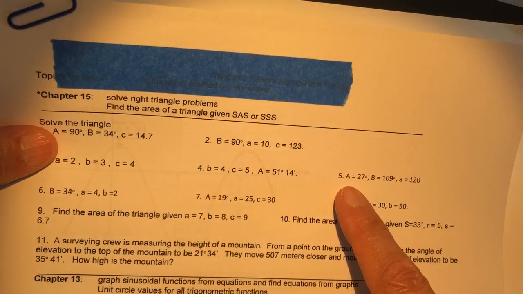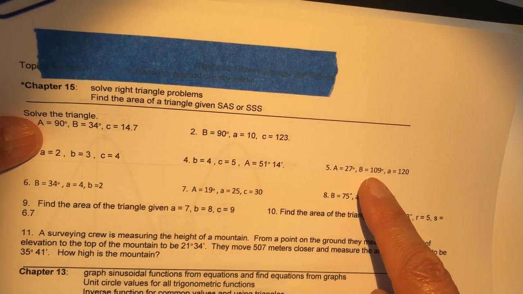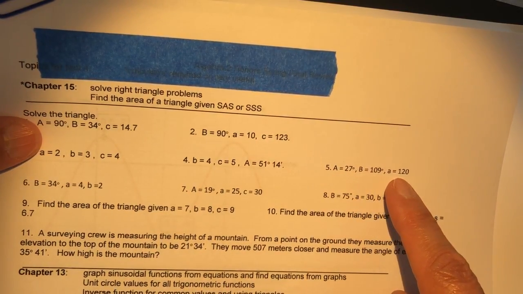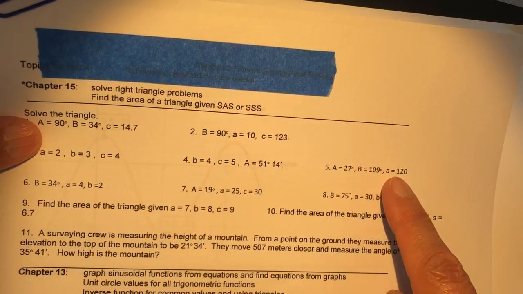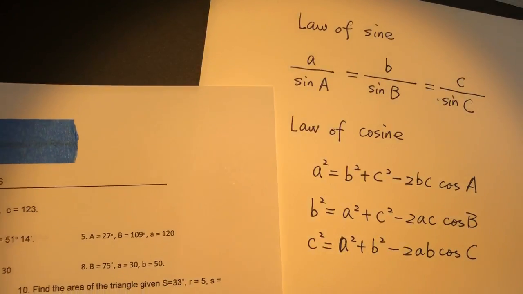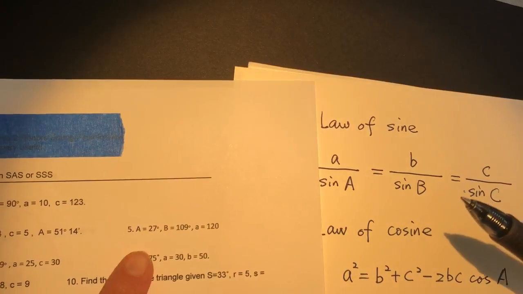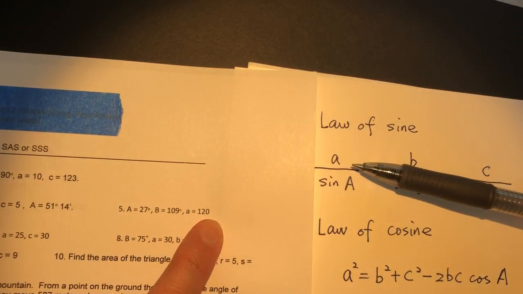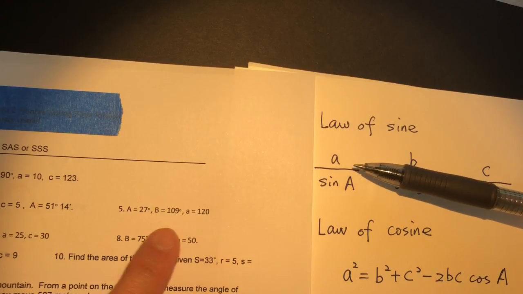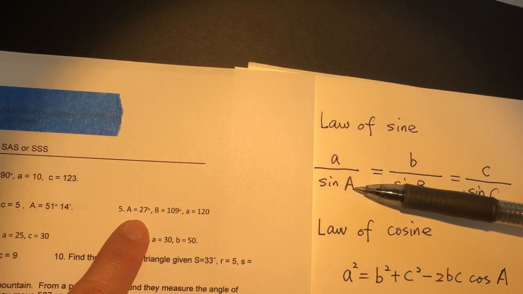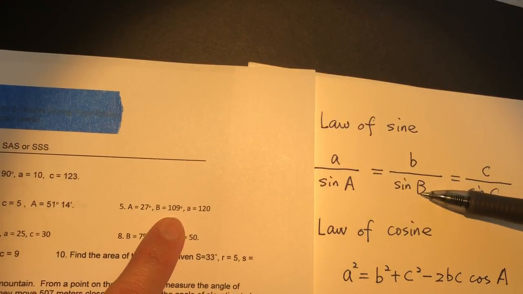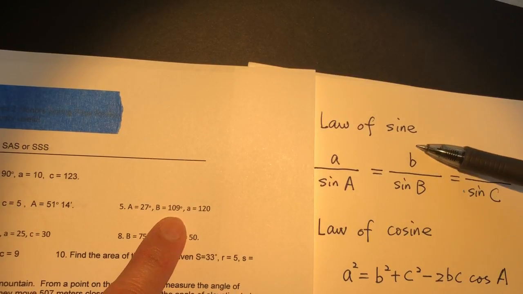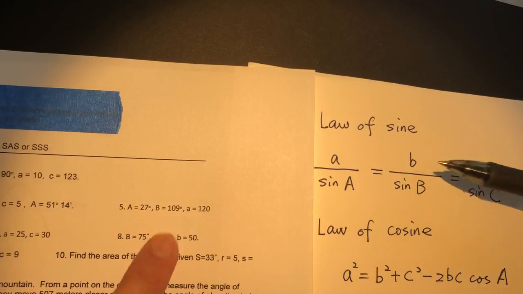Question number 5, we know a and b and A. So what do we use? We can use law of sine. We know a, I put it here. We know one side, we know one opposite angle, and we know another opposite angle, so we can figure out the side.